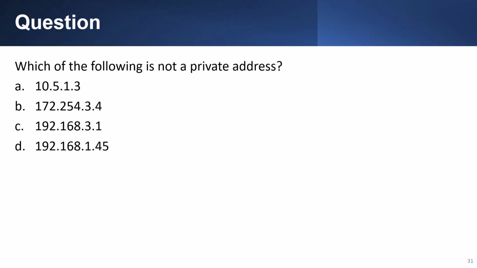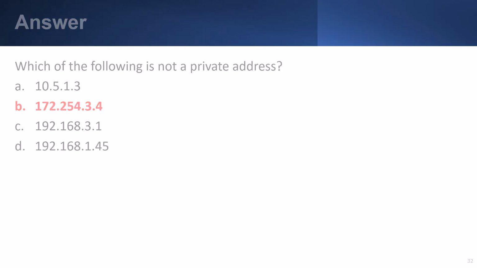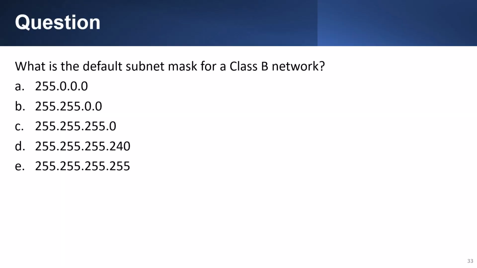Question: which of the following is not a private address? Answer: 172.254.3.4. Question: what is the default subnet mask for a Class B network?